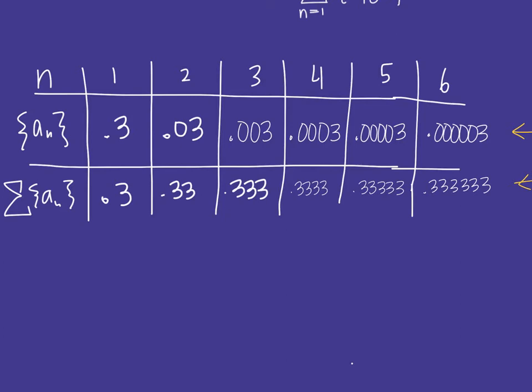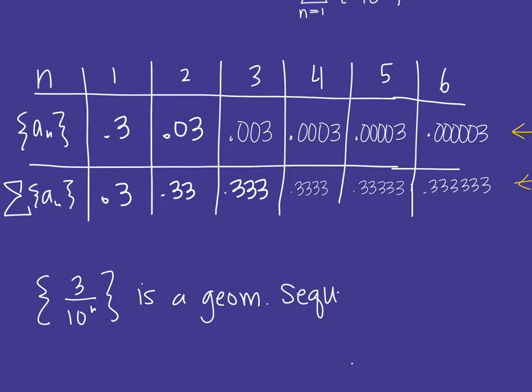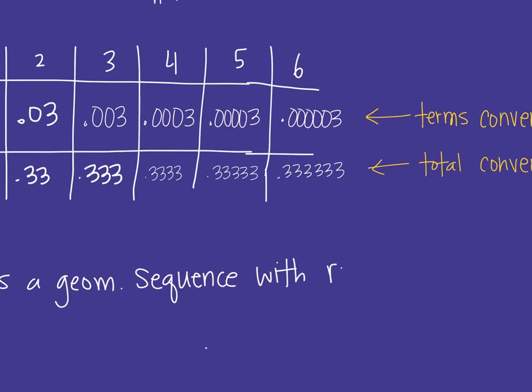So 3/10 to the n is a geometric series, or geometric sequence, with r being equal to 0.1. R is what is constantly being multiplied from one term to the next.